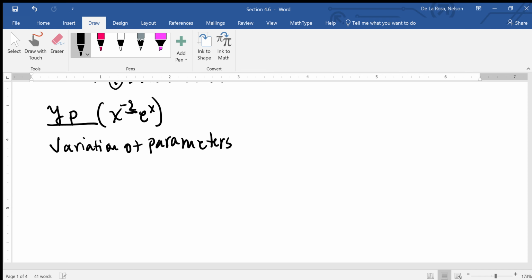Variation of parameters states that the particular solution yp is given by y1 times v1 plus y2 times v2. And what is this y1?